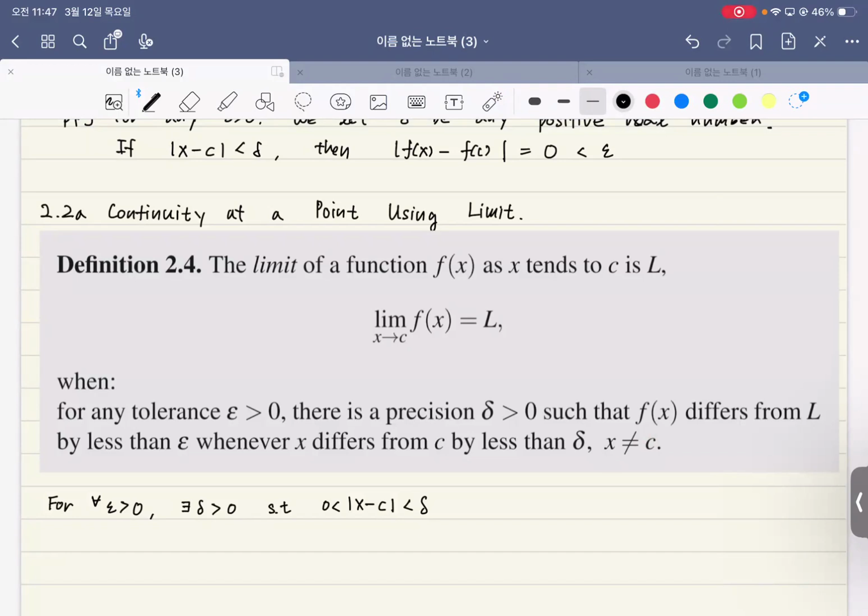So I am putting one additional inequality over here. Then f of x minus L is less than epsilon. Sorry, not delta, epsilon.